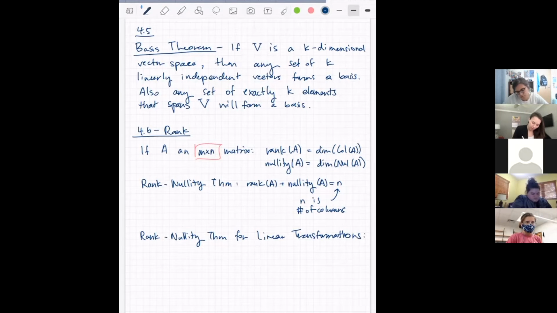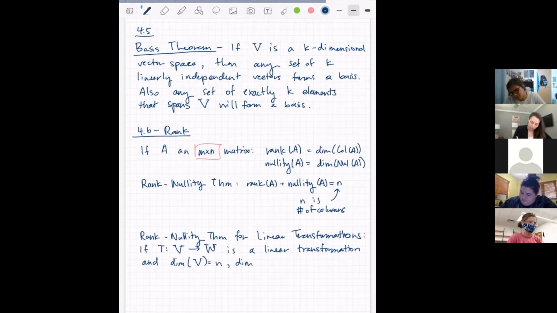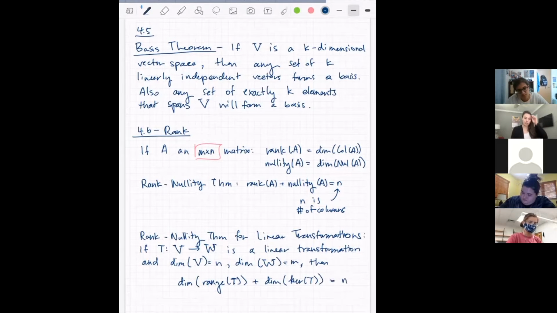If T is a linear transformation from a vector space V to a vector space W, and the dimension of V is equal to n and the dimension of W is equal to m, then the dimension of the range of T plus the dimension of the kernel of T is equal to n, where n is the dimension of V, the domain.